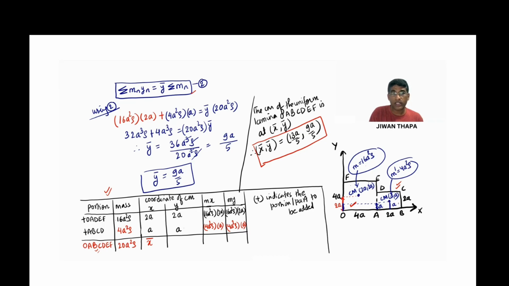This is the x coordinate of center of mass for this lamina, and this is the x coordinate of the center of mass for this lamina, okay? So this is the y coordinate of center of mass for each part of the composite lamina.